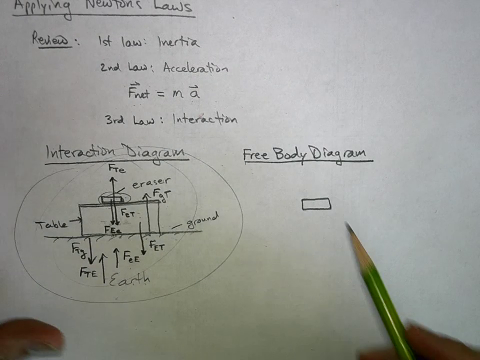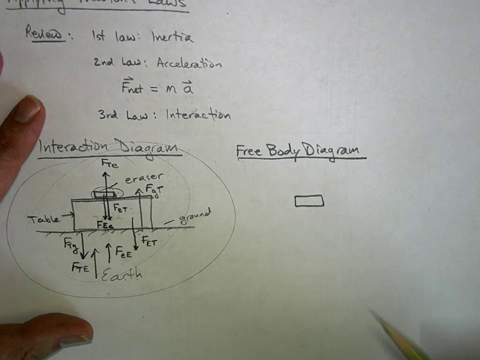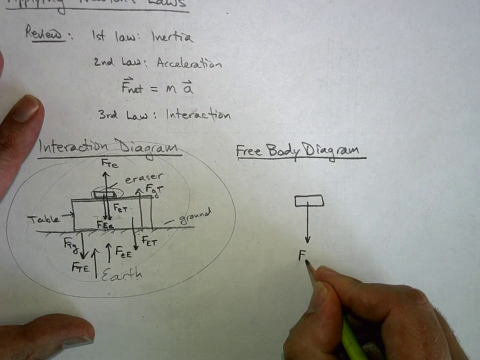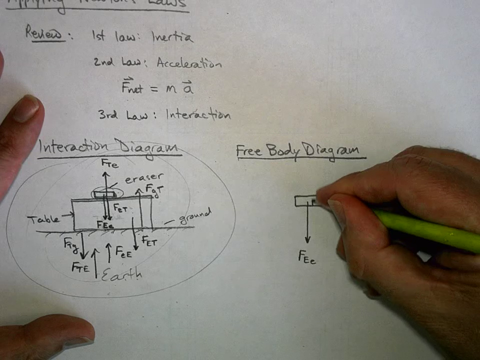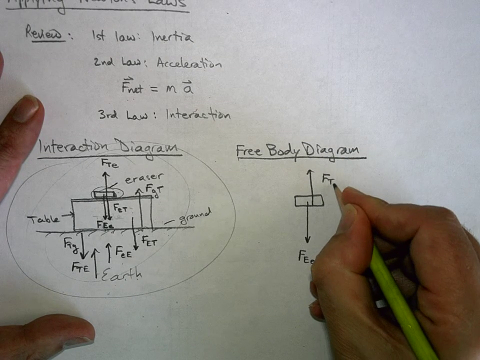So what are the forces acting on the eraser? Okay, you've got the force of the earth on the eraser, and then you have the force of the table on the eraser.